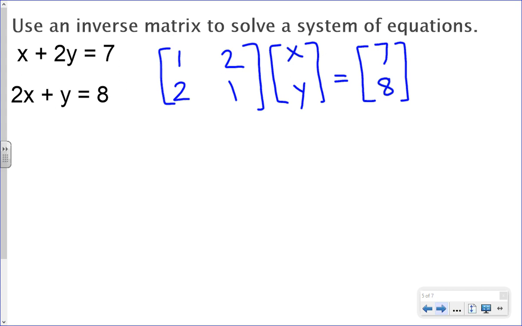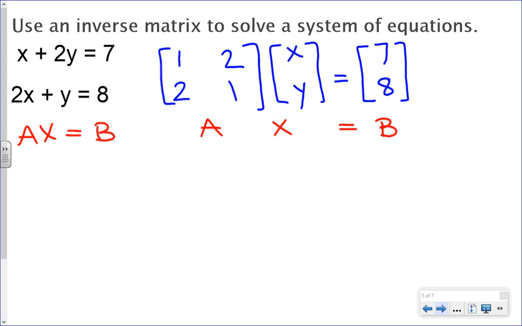Now, I'm going to give these names. Okay, I'm going to call this matrix A, this matrix X, and this matrix B. Okay. So what we have is A times X equals B. Now, how do we like to solve for X? Like if those were numbers, what would we do?